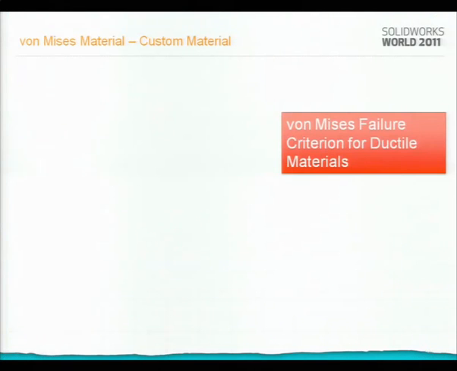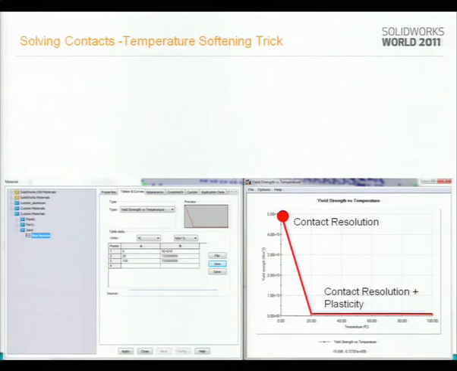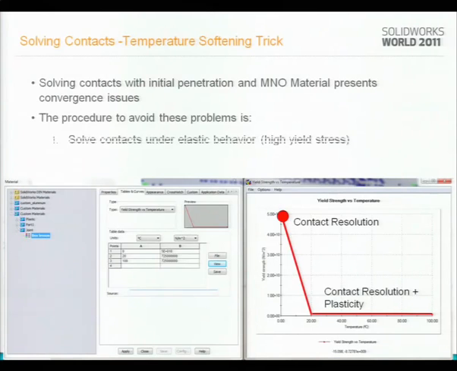So about the material, I created a nonlinear material. In this case, I created my nonlinear material using von Mises, right? Because I am working with a steel, a ductile steel, so I select von Mises. And now the biggest challenge to do that.